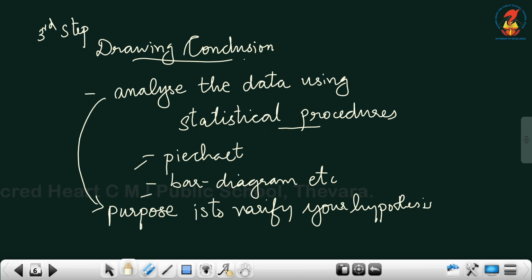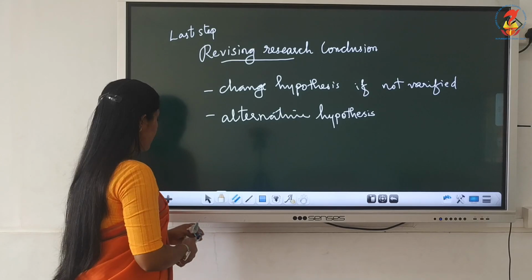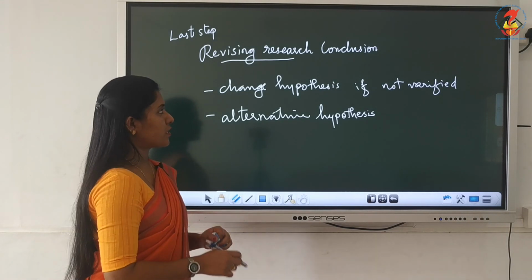The third step is drawing conclusions, where we analyze the data using statistical procedures. Then revising the research conclusion: if our hypothesis is not verified, we prepare an alternative hypothesis and follow the procedures once again. So these are the steps in conducting research.